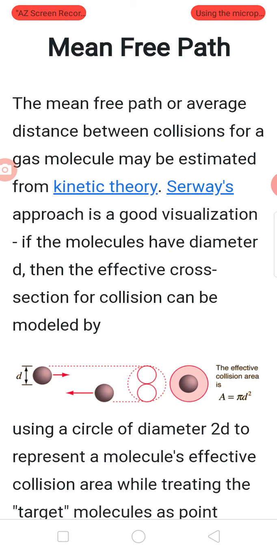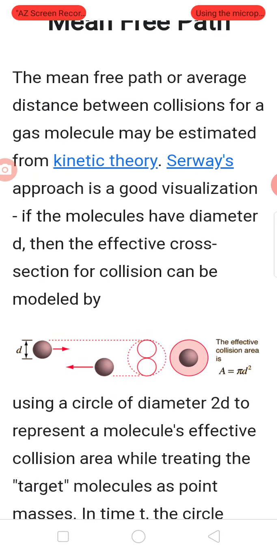When they collide among themselves, the effective collision area will be equal to A is equal to pi d square.